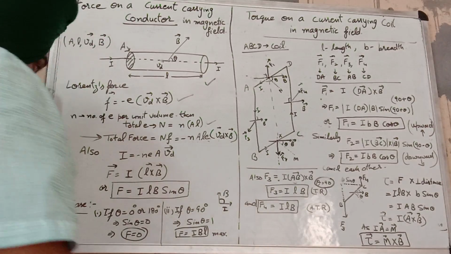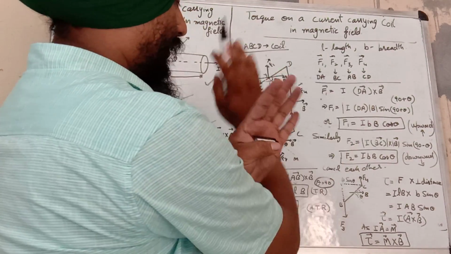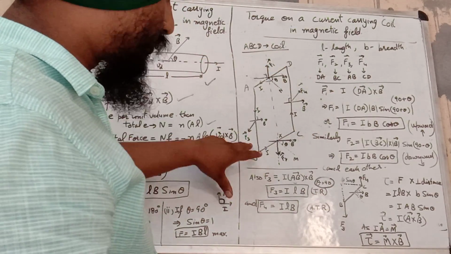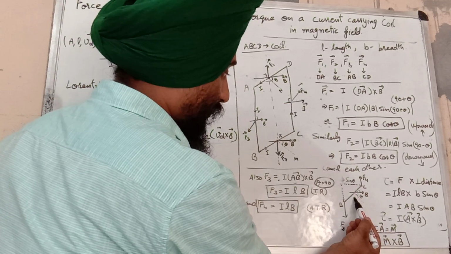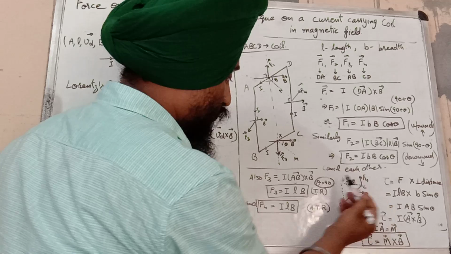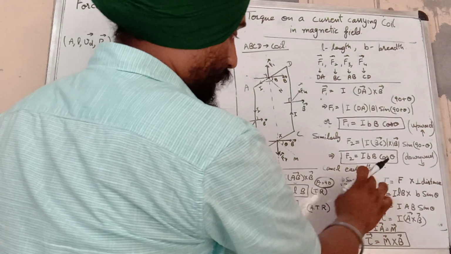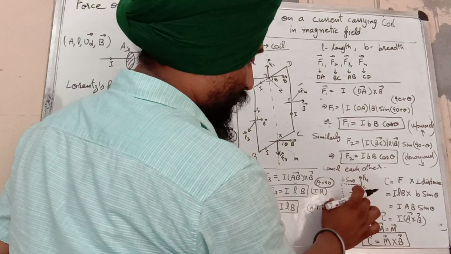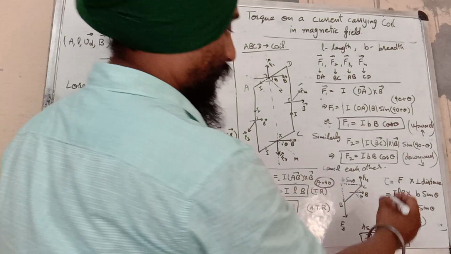Due to these two forces, which act in opposite directions, the whole coil rotates. These equal and opposite forces, acting at some distance, constitute a couple, and the turning effect of this couple is called torque.